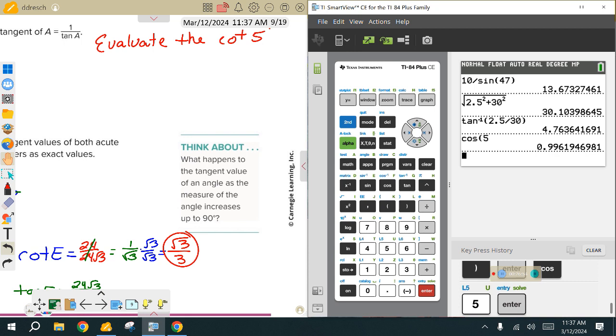If you wrote that as a fraction, the cosine is adjacent over hypotenuse, so it finds the adjacent and hypotenuse that create that triangle. Okay? So we can write that as a fraction. Now we want to say, hey calculator, what are the opposite and adjacent sides that create the cotangent of 5 degrees?